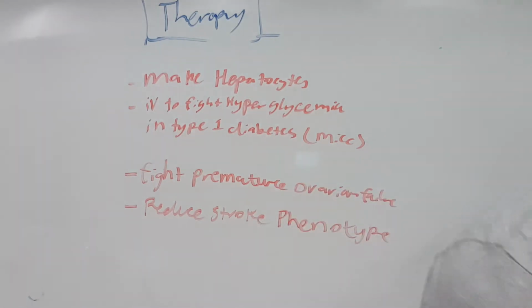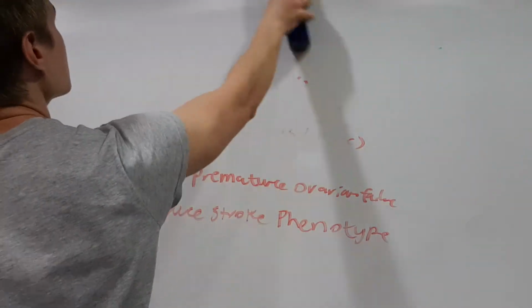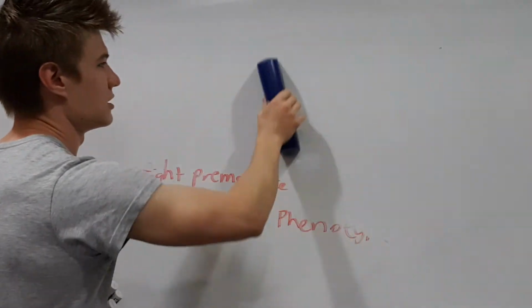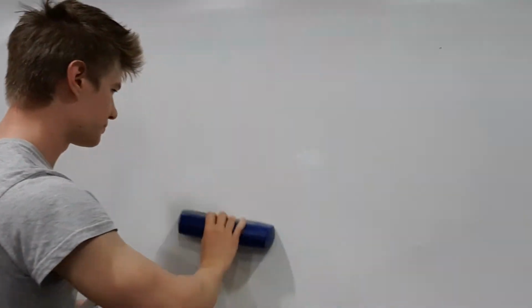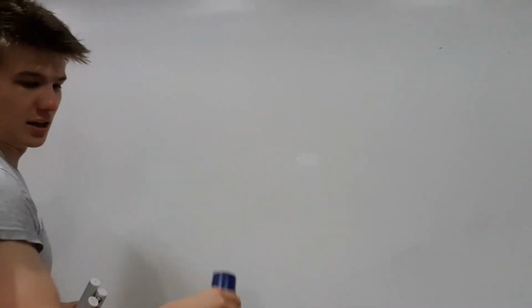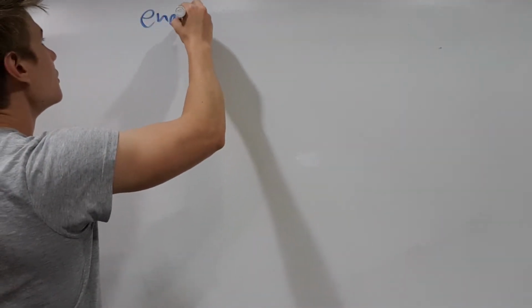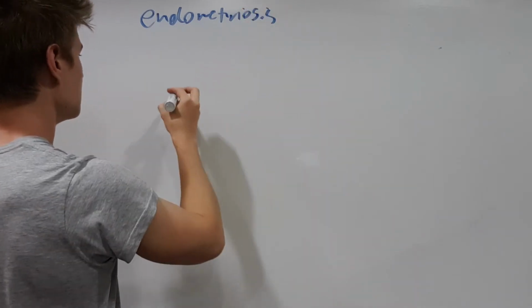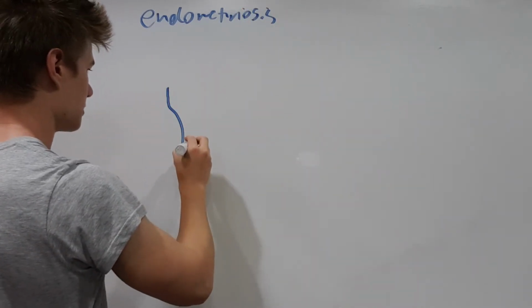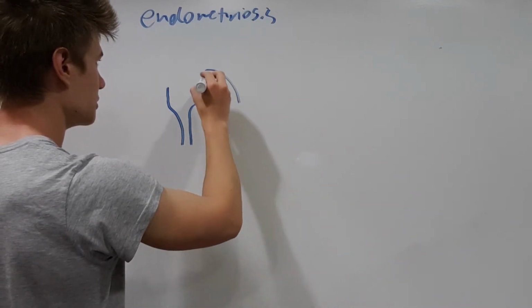And now we'll talk about one last condition, which is interesting and relevant, just a little tidbit: endometriosis. Let's try and draw a uterus. It'll be terrible, I can assure you.